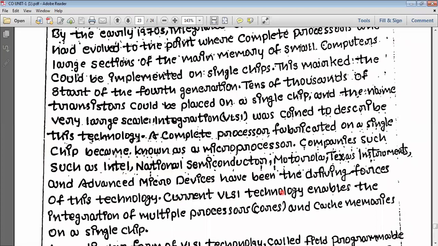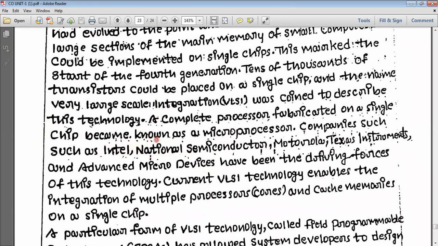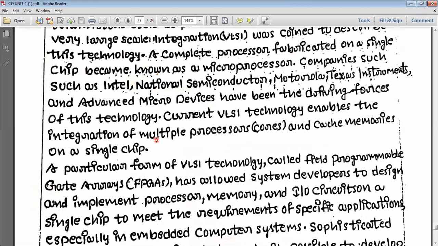Current VLSI technology enables the integration of multiple processors and cache memories on a single chip. So these are the advantages in the fourth generation.